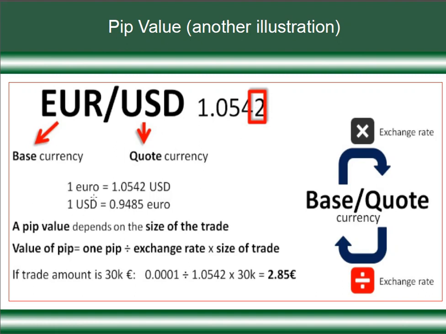For you to get 1 USD, you need 0.9485 euro. Remember the quotes, the bid and ask prices and exchange rates. They differ. When you are changing this to this, there's a different price. When you are changing this to this, there's a different price. That's why you see this.